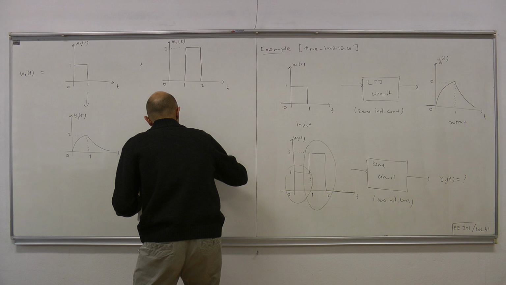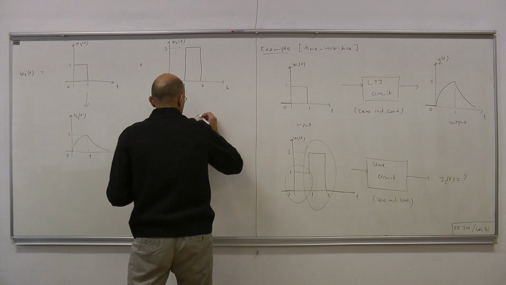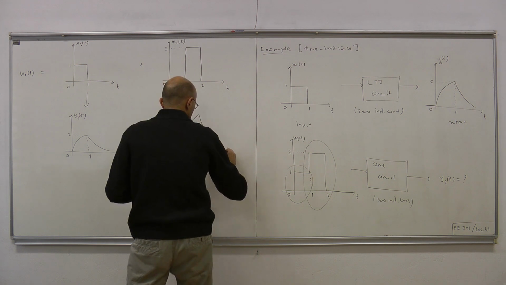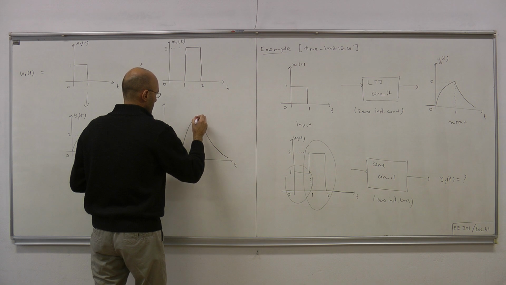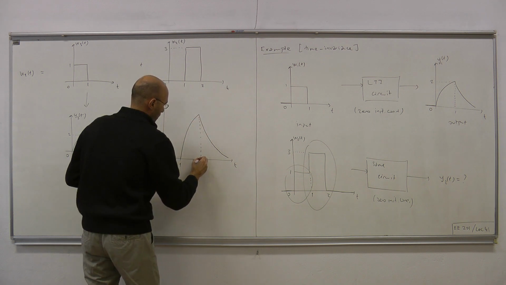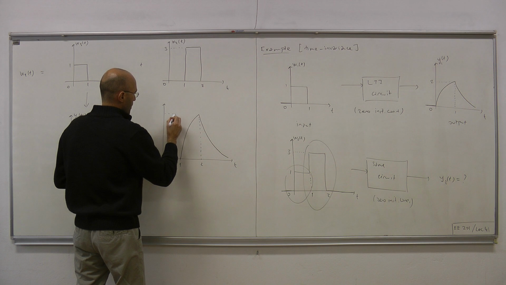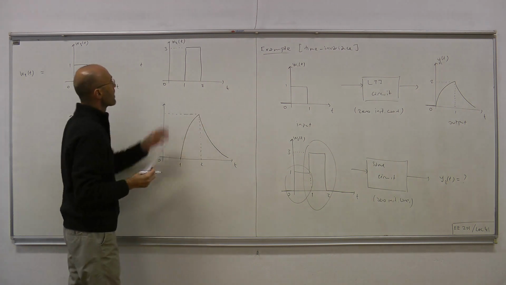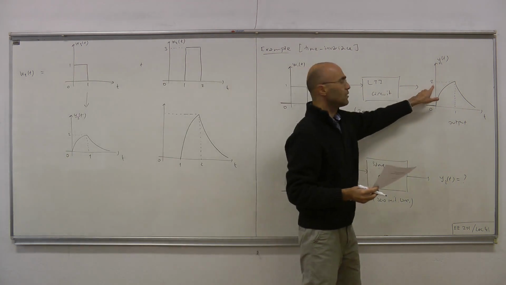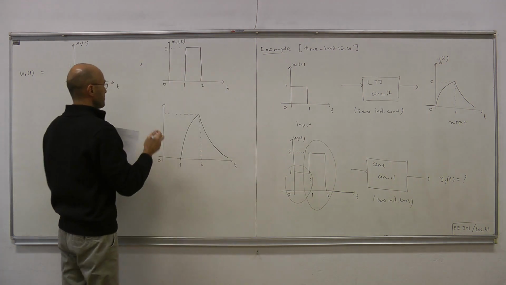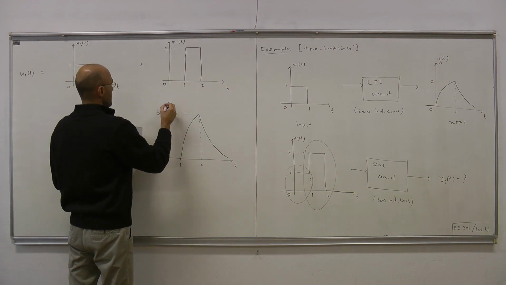So it's something like this. This is 2, and this is 3 times 2, 6.